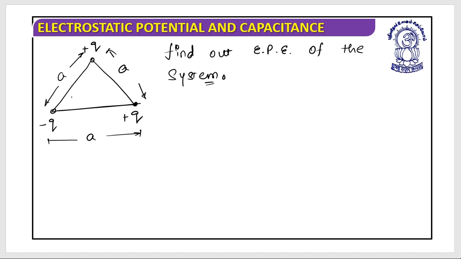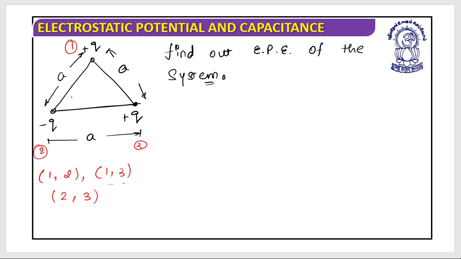What was our first step? Give them numbers. This is first, let's suppose this is second, and let's suppose this is third. Now three charges are there, let's make their pairs. So the pairs are 1 comma 2, next 1 comma 3. Next, 2 comma 1 is already there, and 2 comma 3. For 3, 3 comma 1 and 3 comma 2 are available already, so there is no need to write pairs from 3 with someone else.